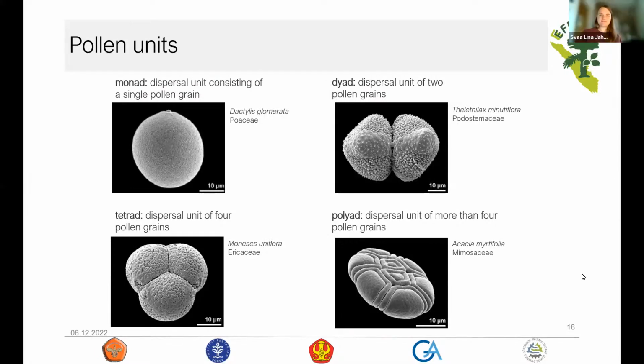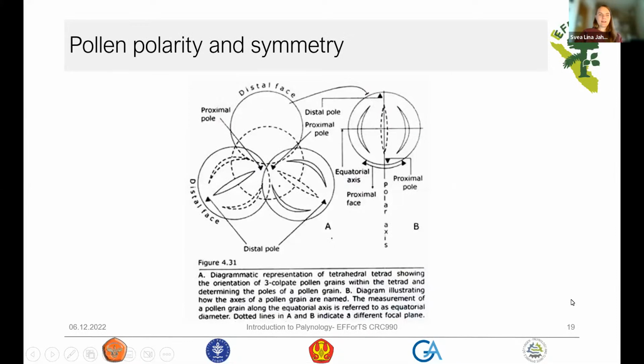Okay. And certainly, our identification depends on how this pollen grain is shaped in symmetry. So pollen, if you remember, is originally attached mostly in tetrads, and these tetrads also determine different polarity and different symmetry in pollen.